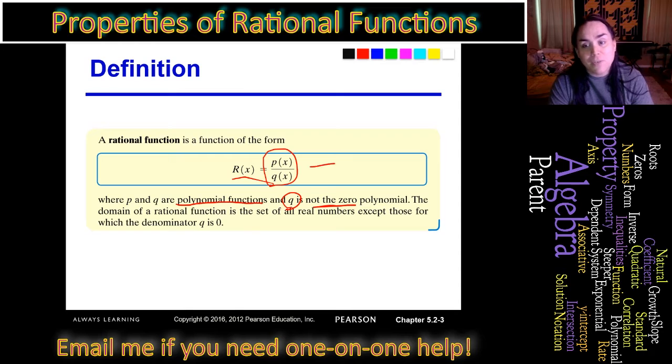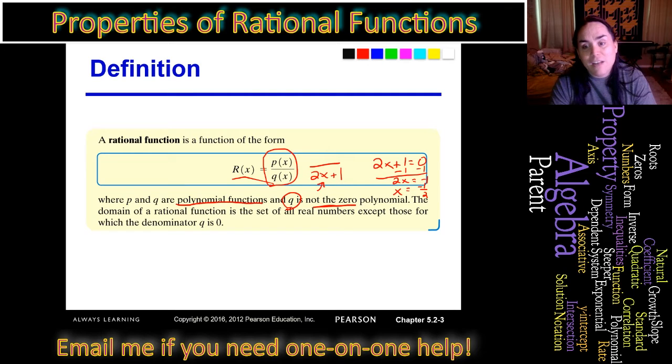So if that denominator was something like 2x plus 1, what value of x would make that denominator equal to 0? You would take that denominator, 2x plus 1, set it equal to 0, and then solve. So if 2x equals negative 1, x equals negative 1/2.